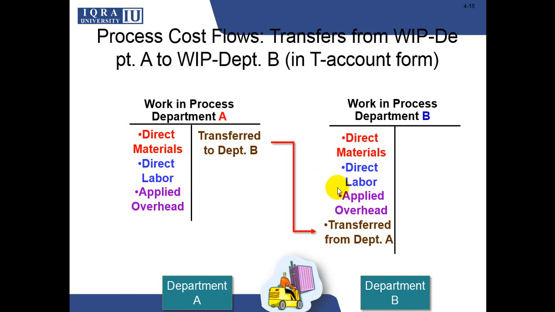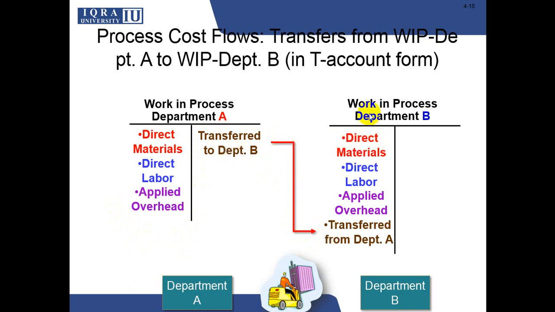It means it is the input of department B, but it is the output of department A, right? So material, labor, overhead are incurred as usual in department A. The goods are partially completed and transferred to department B for further processing. So from here it will be transferred, right?